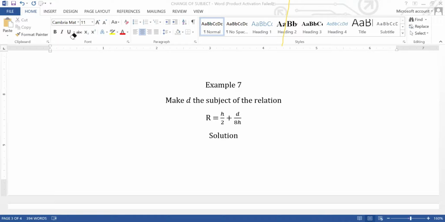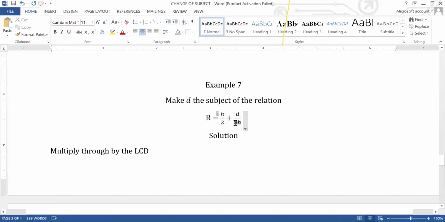In this one, that common denominator is 8h. So you multiply through by the LCM, whenever you see a fraction, okay? So multiply through by the least common denominator. Here it's going to be 8h.